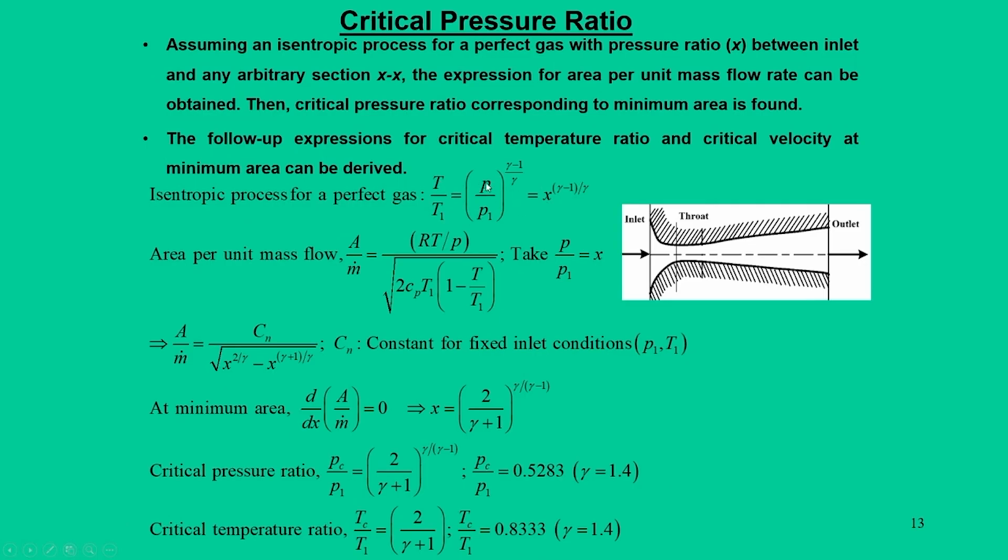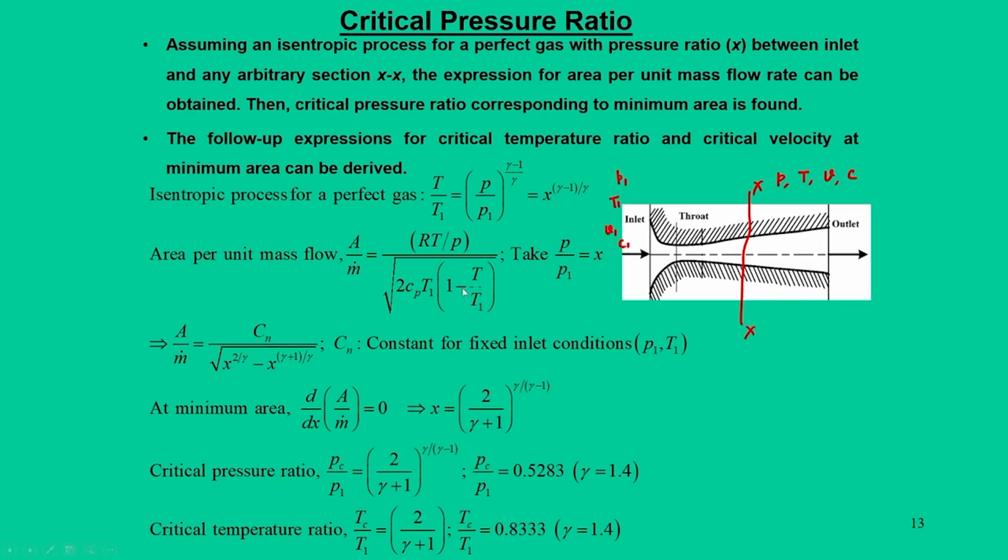Now, assume P stands for any arbitrary section X, where the properties are given by pressure, temperature, specific volume and flow velocity, and the inlet conditions are specified as P1, T1, specific volume 1 and C1.